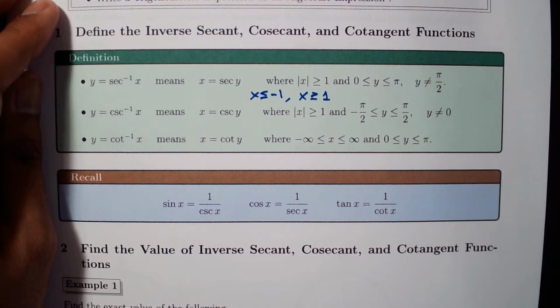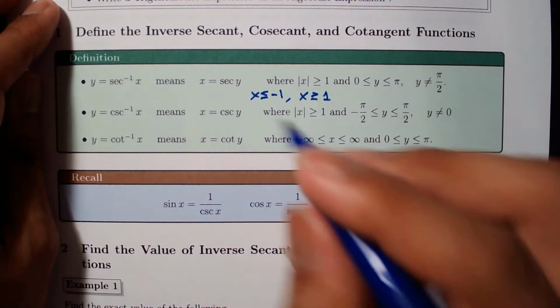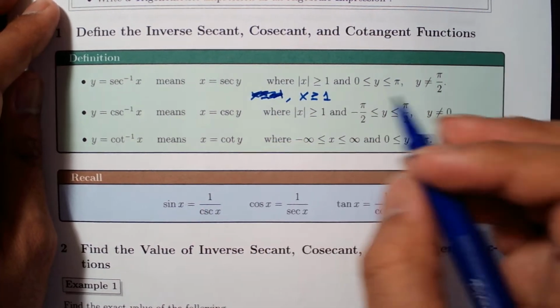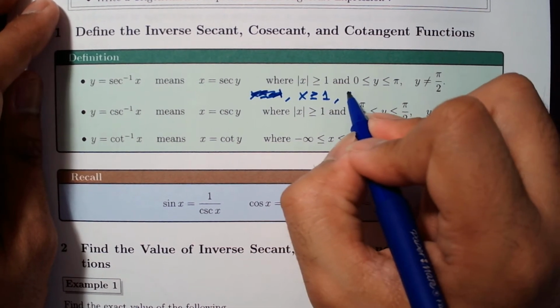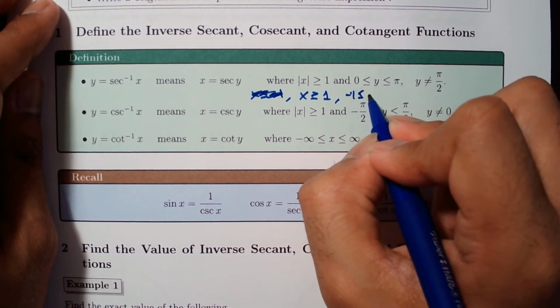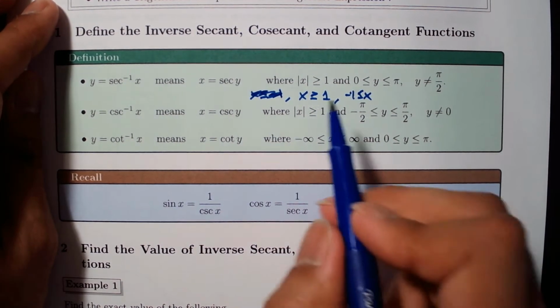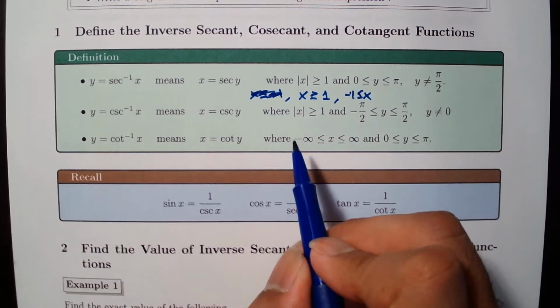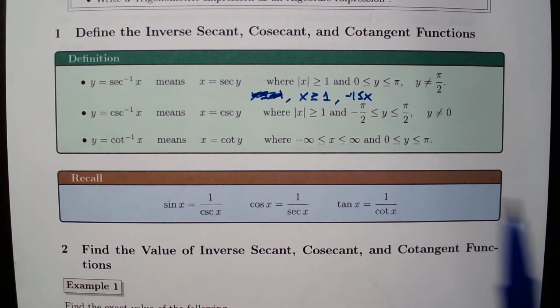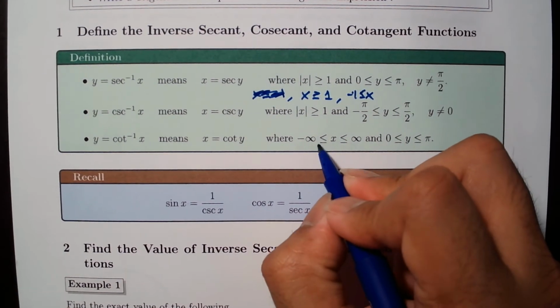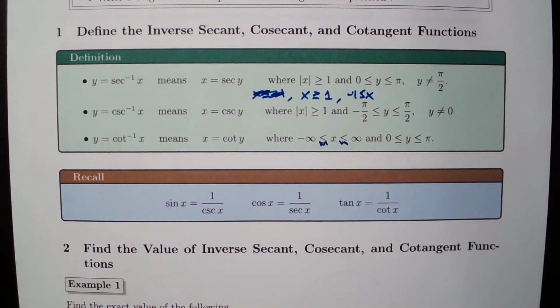Well, actually, I believe this was the other way around. Same over here. And the domain for the inverse cotangent function is all real numbers. Again, need to change this: no inclusion signs for infinity.